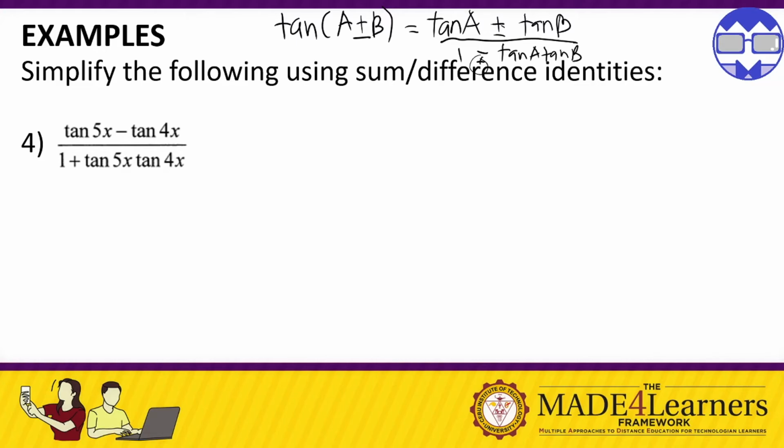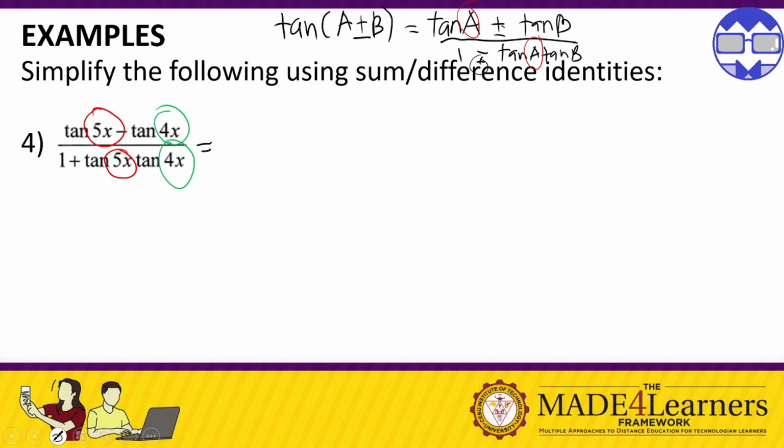Okay, so here to simplify, we're going to reverse the process. First identify the angle, the first angle. Obviously the first angle here is angle A. So angle A here is actually 5x. And we have angle B, which is 4x.